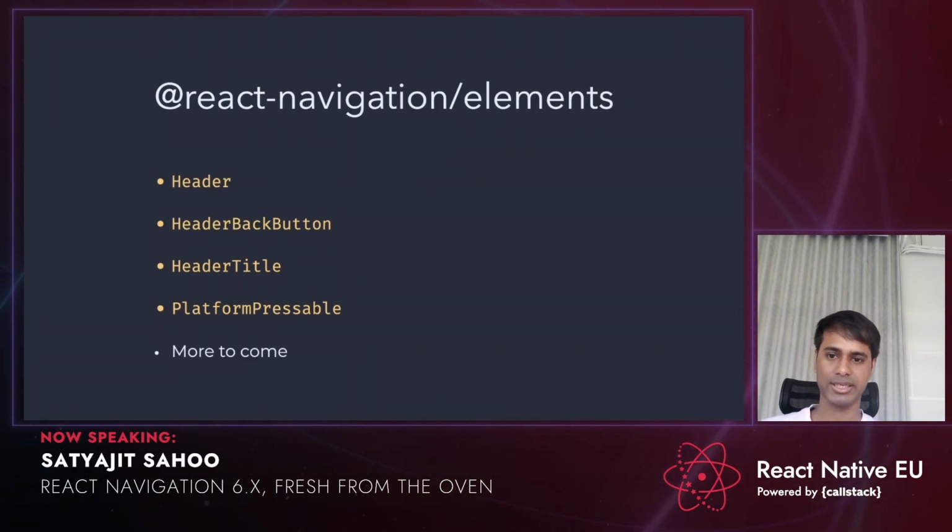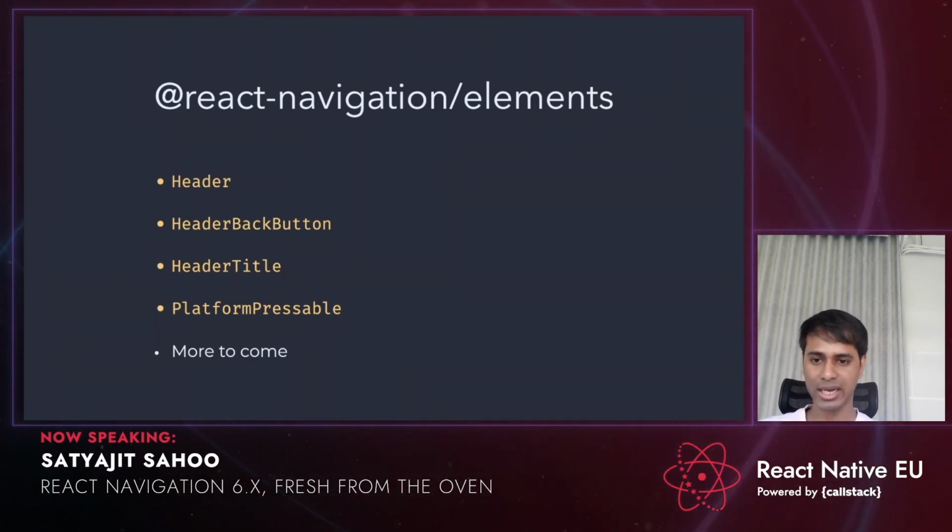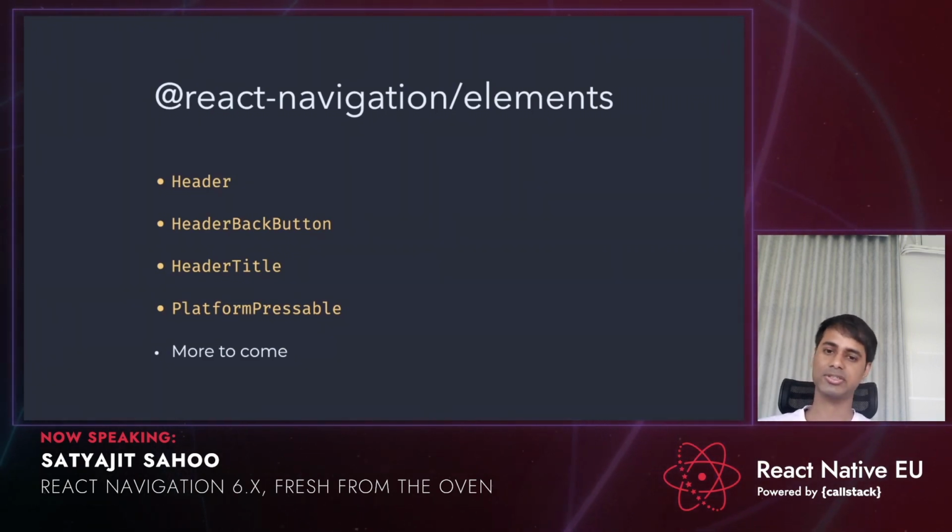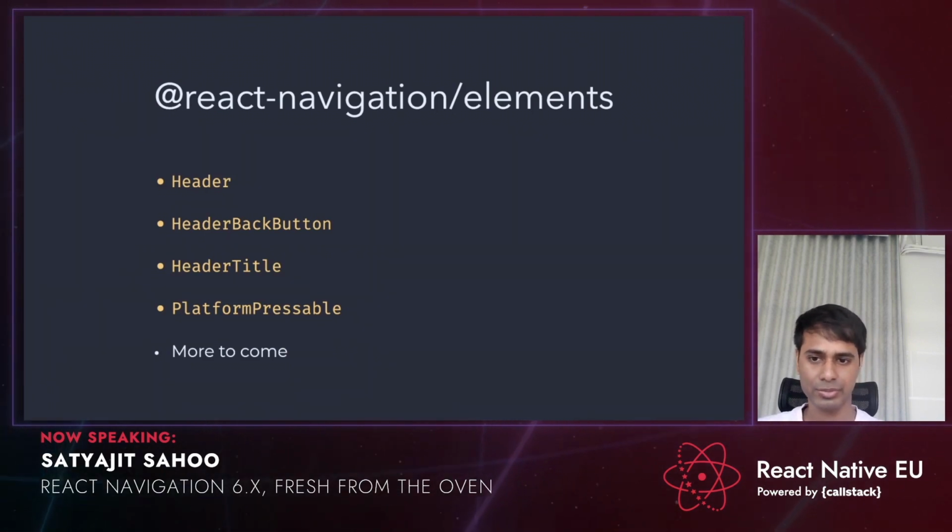So we currently have HeaderBackButton, HeaderTitle, PlatformPressable, and some other components, and we'll be adding more soon. And if you have ideas on what to add, then feel free. This is not a full-fledged component library. These are only components which are useful for navigation and integrations with navigators.